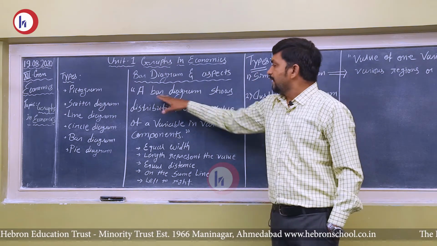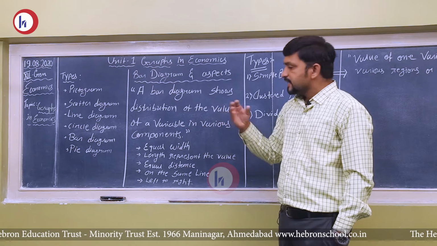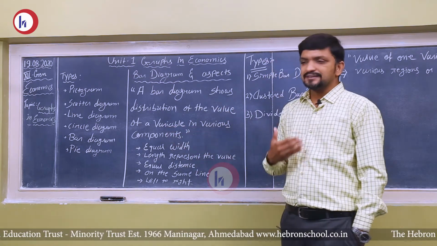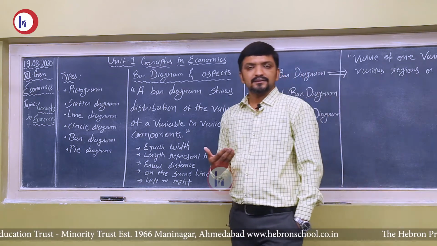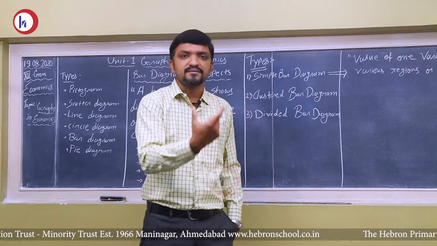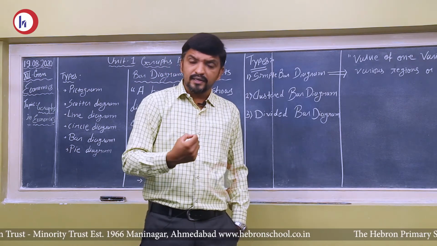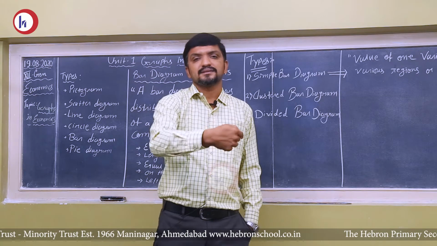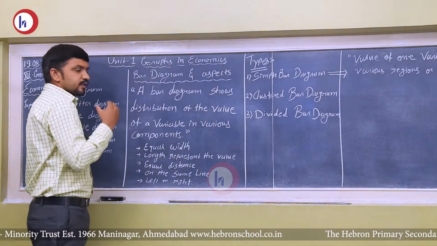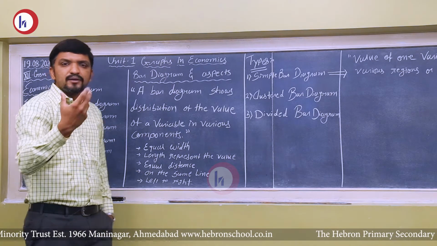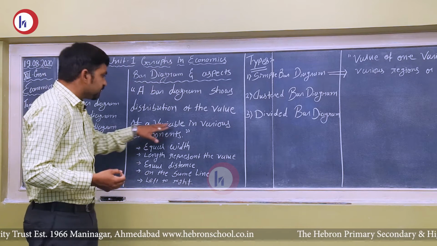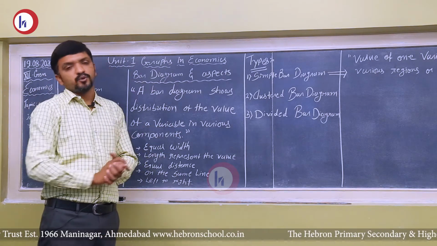Now, a bar diagram shows distribution of value of a variable in various components. In pie diagram, it is a division. In bar diagram, the components are bars. So once again, a bar diagram shows distribution of the value of a variable in various components.